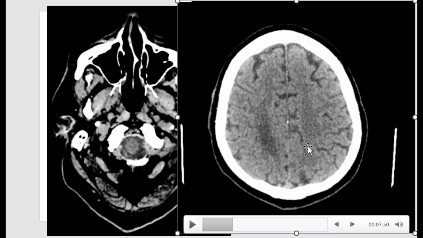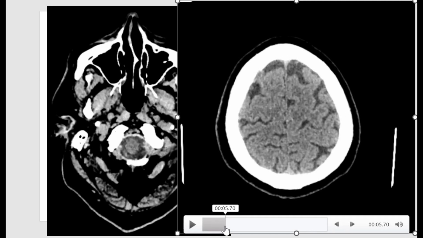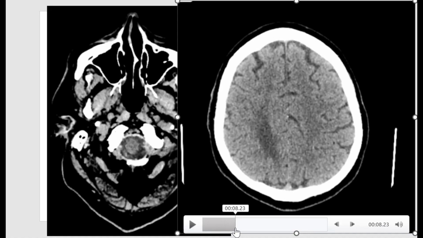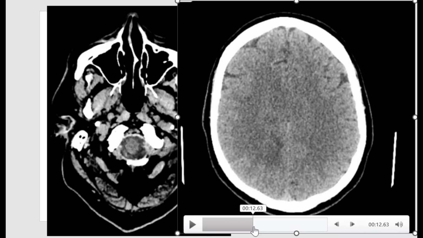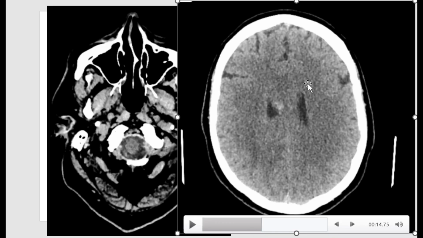So this is our case, okay? Let's see the first part to appear. So this is the body of the corpus callosum, seen between the bodies of the lateral ventricle, okay?